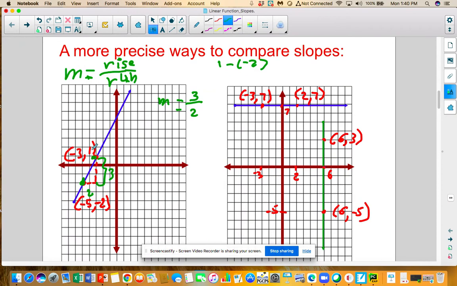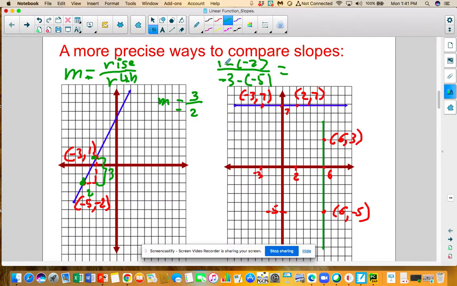So I'm subtracting here the y values of these 2 points right here, over, now I'm going to subtract the x values of those 2 points, negative 3 minus negative 5.